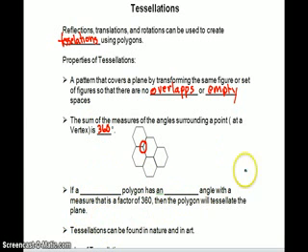Now, for these, we need regular polygons. So if a regular polygon has an interior angle with a measure that is a factor of 360, then the polygon will tessellate the plane. In other words, that will cover the plane with no gaps or overlaps. Okay? Alright, so let's look at some of these.